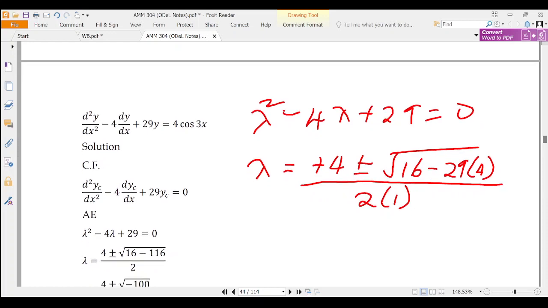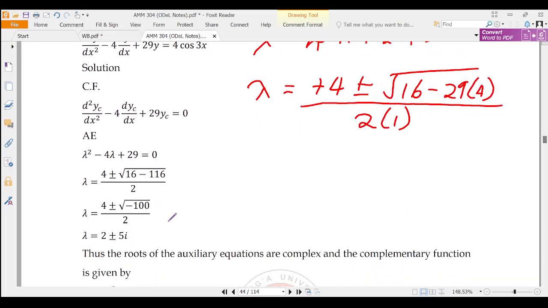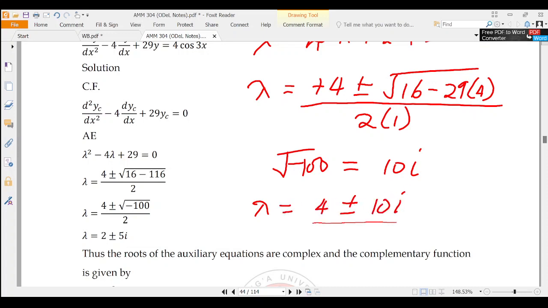When we work this out, we get negative 100 under the root. The square root of minus 100 is 10i. So we have lambda is 4 plus or minus 10i divided by 2, which is 2 plus or minus 5i.